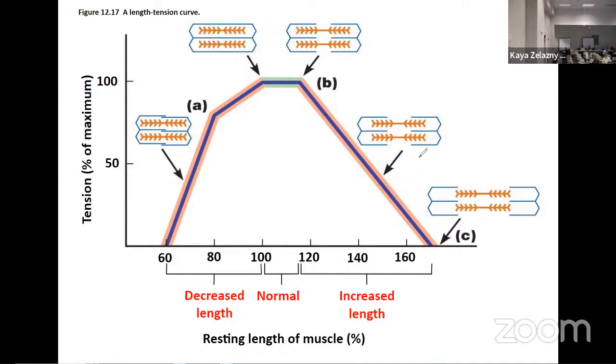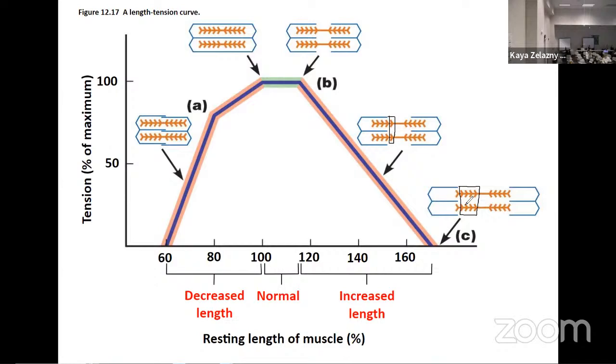As you get too long, right? If you're stretched out too far, you're in a really weak position. Part of what is happening is that you have heads on myosin that just aren't close enough to any actin to grab it in the first place. Right, so these heads, it doesn't matter how much calcium there is until they're next to an actin with its myosin binding site, they can't hold on to anything.